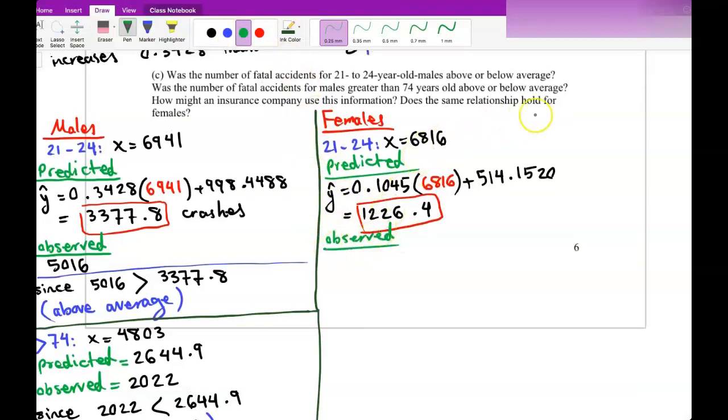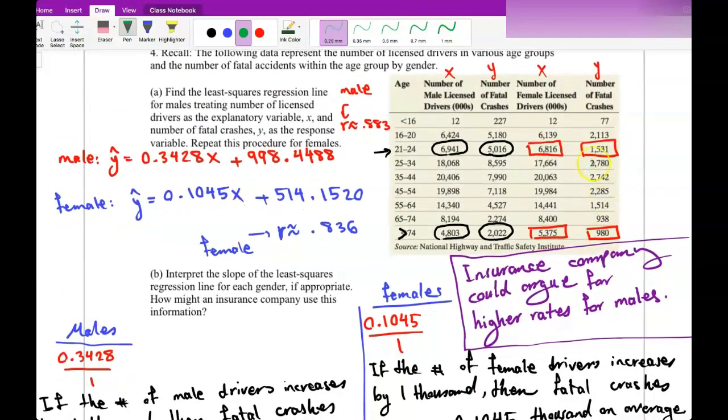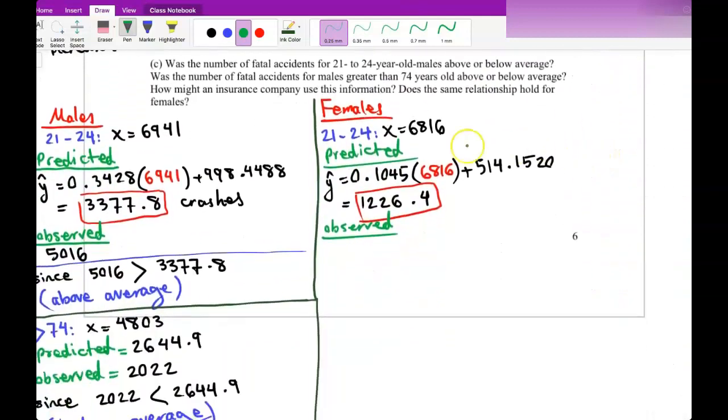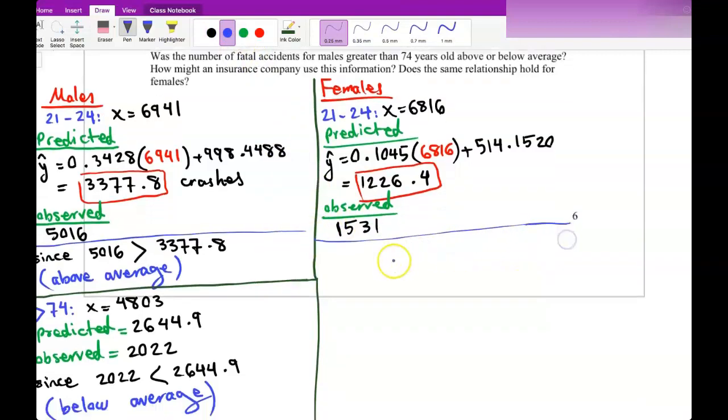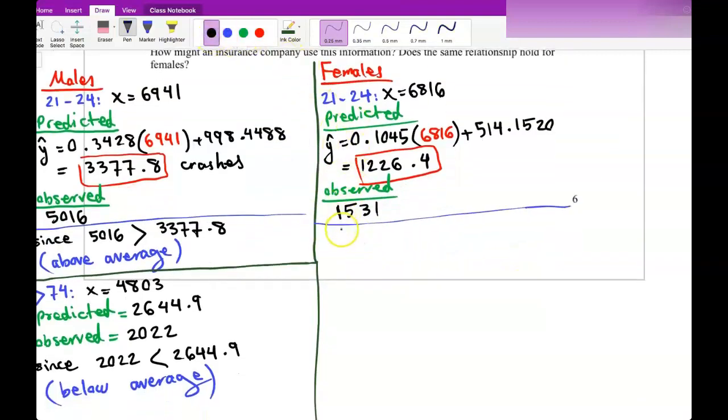And from the table observed is 1,531. So based on predicted and observed, since observed is greater than the number we got for predicted, this is above average, the same thing.